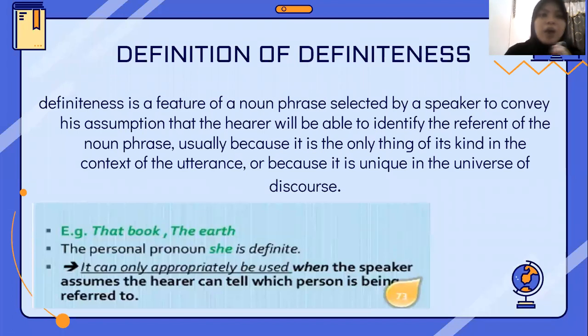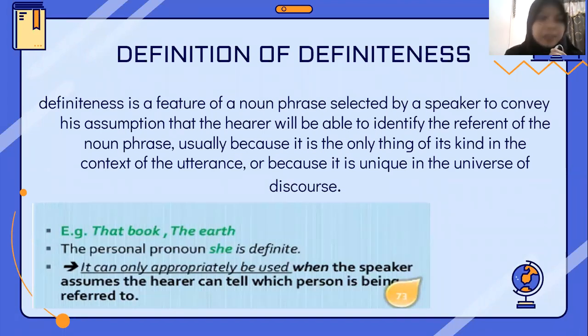And now I will explain about the definition of definiteness. Definiteness is a feature of a noun phrase selected by a speaker to convey his assumption that the hearer will be able to identify the referent of the noun phrase, usually because it is the only thing of its kind in the context of the utterance or because it is unique in the universe of discourse.